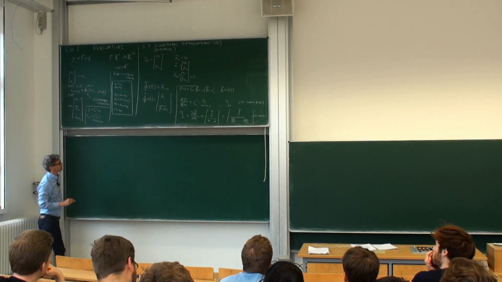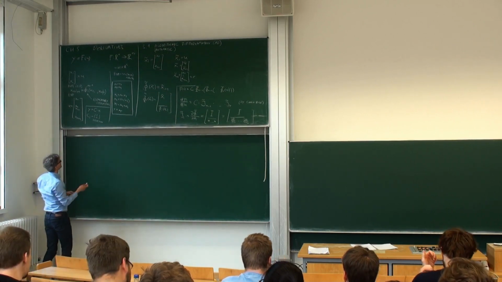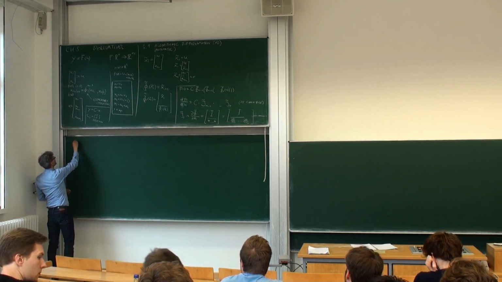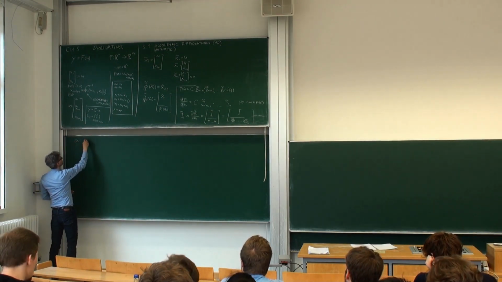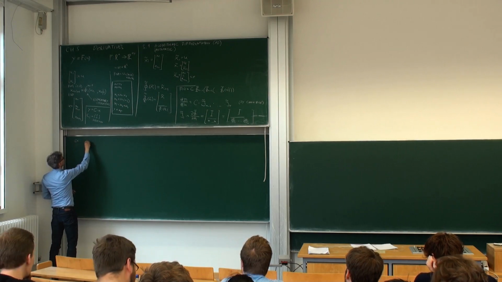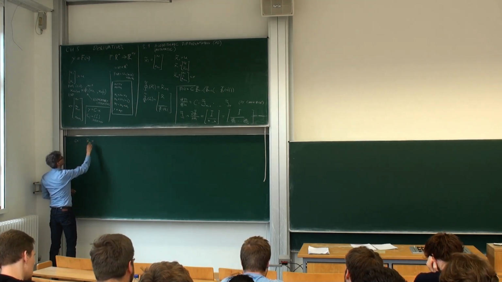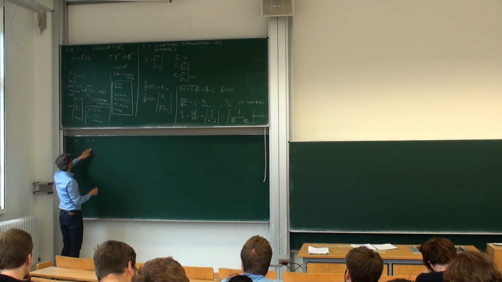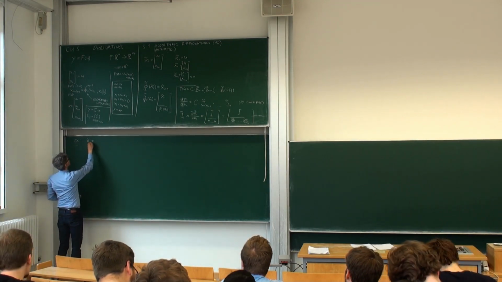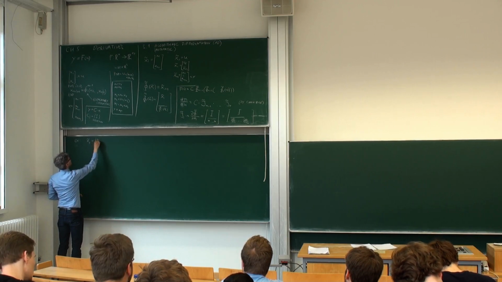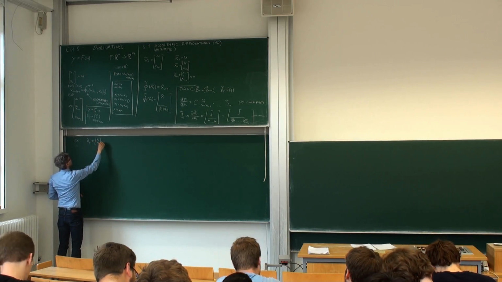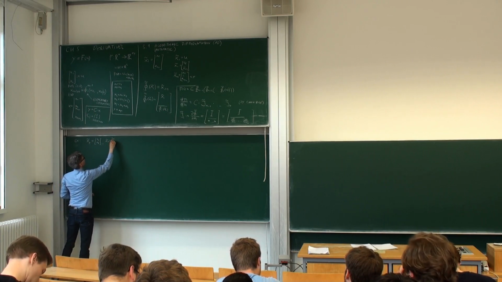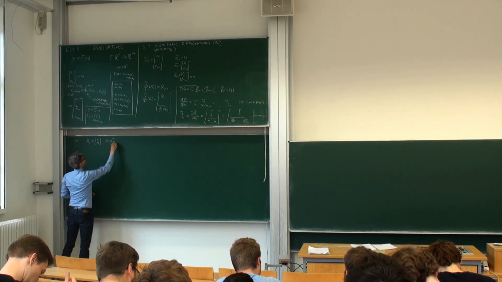Okay, so maybe to give an example, just for the example, what would be x0 tilde? It would be x1 and x2. And x1 tilde would be x1 and x2 and x3.